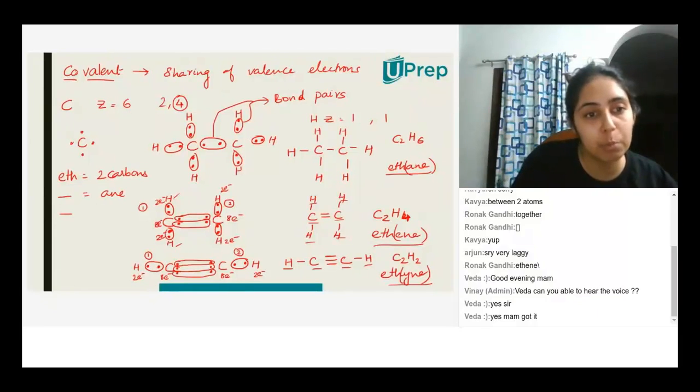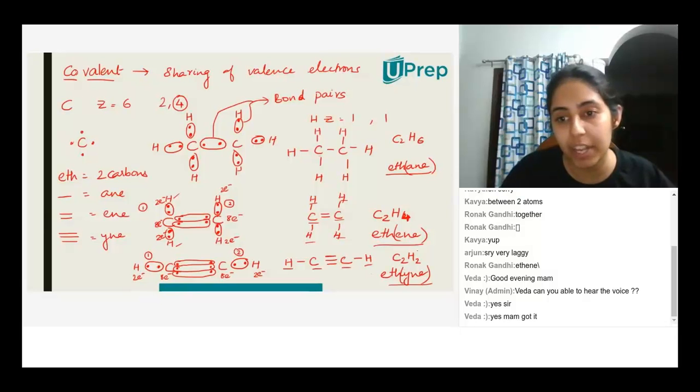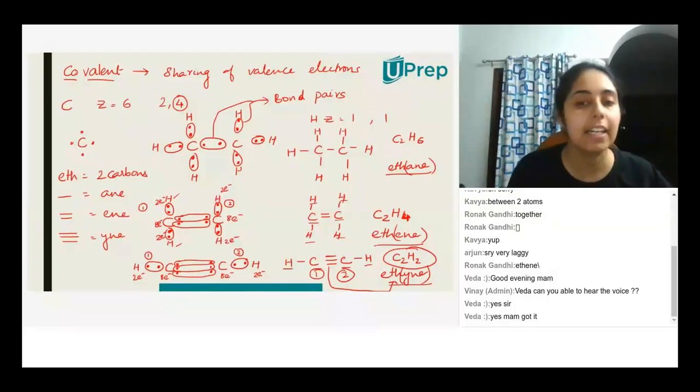Whenever I have 2 bonds, it is ene. Whenever I have 3 bonds, it is ine. So when I say ethine, C2H2, I'm saying 2 carbons with a triple bond. Clear?